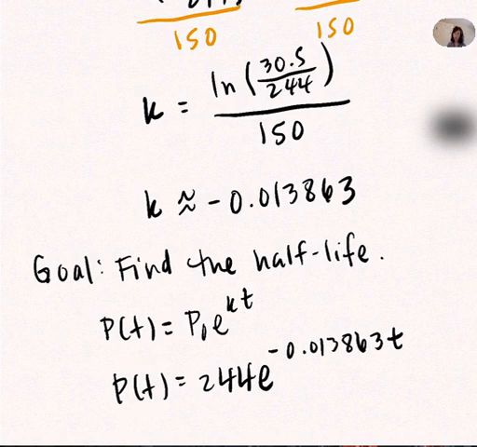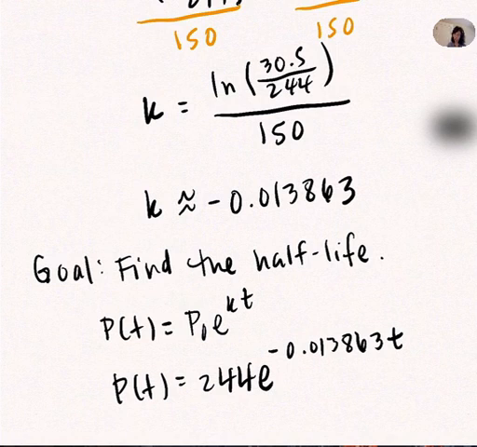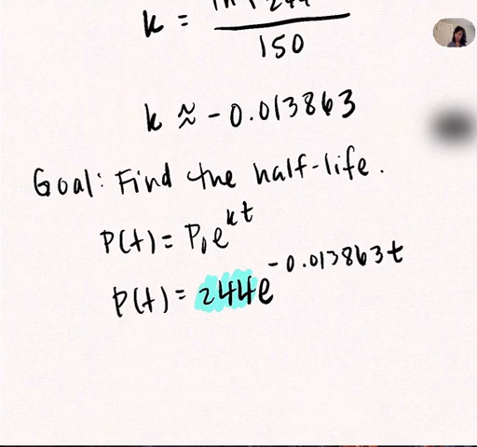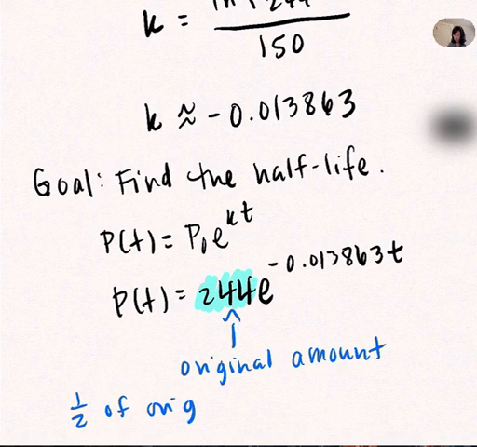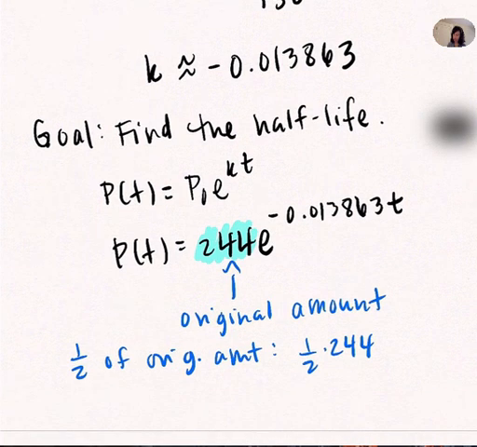The original amount is 244, so one half of the original amount is 1/2 of 244. In other words, it is 122 grams.